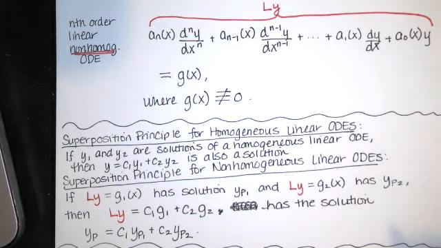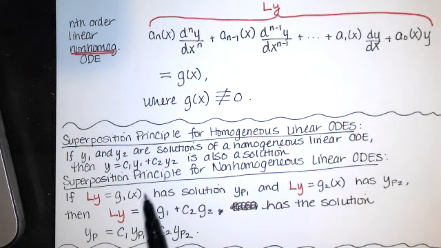I know that that's pretty abstract, but what this is saying is if the left-hand side of the differential equation is exactly the same, and when you have this right-hand side, you've got this particular solution, and when you have this right-hand side, you've got this particular solution.